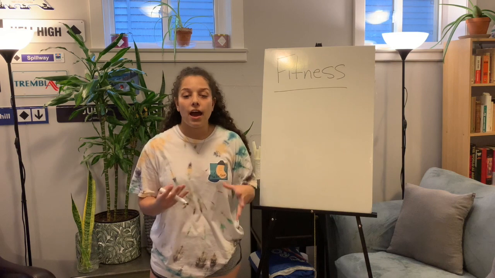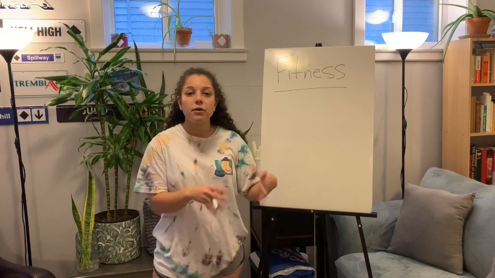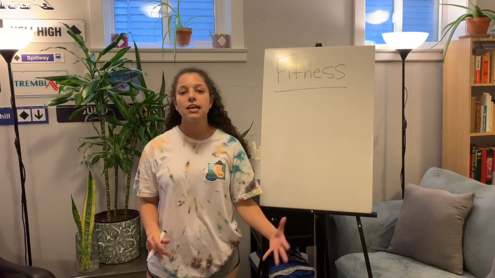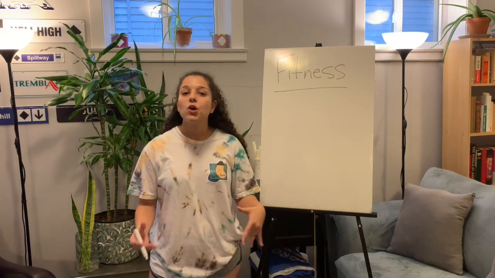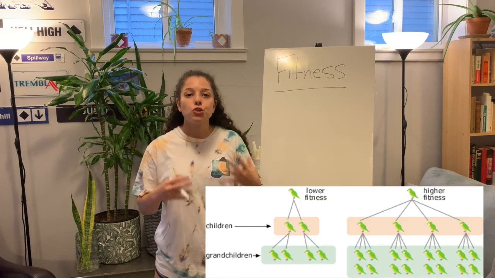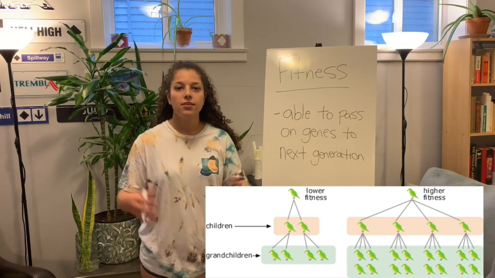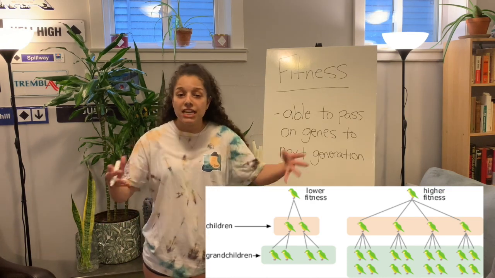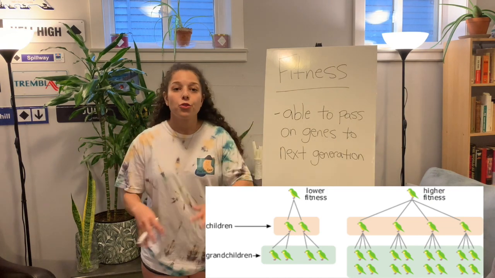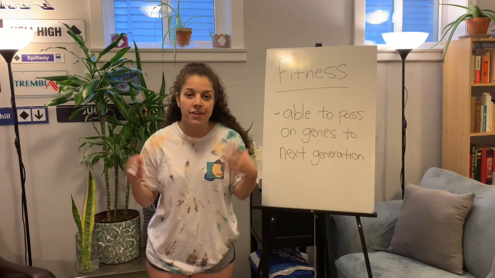So what we would call that is the HIV that carried the mutation that allowed it to evade AZT had better fitness. So when we say fitness, we mean that it is able to pass on its genes to the next generation. That is the goal of all organisms, whether living or not, an HIV or a human being. The goal of life is to be able to pass on your genes to the next generation.